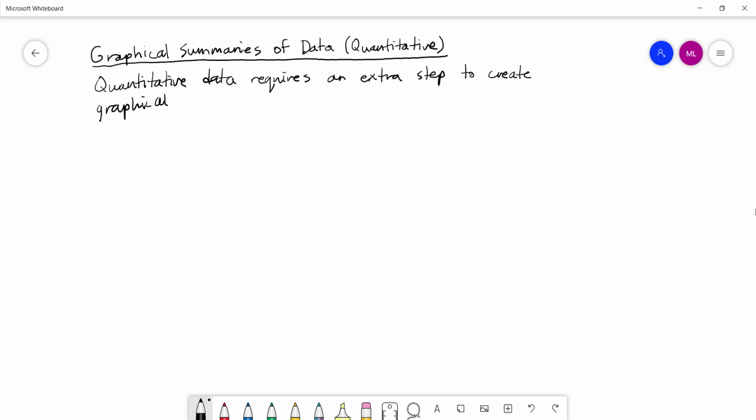And again, graphical summaries is just a broad way of saying both the tables and the graphs that we've been talking about. Sorry, my handwriting with this new touchpad I got is not very great. Okay, so quantitative data requires an extra step to create our graphical summaries, and we can see that in the following example.